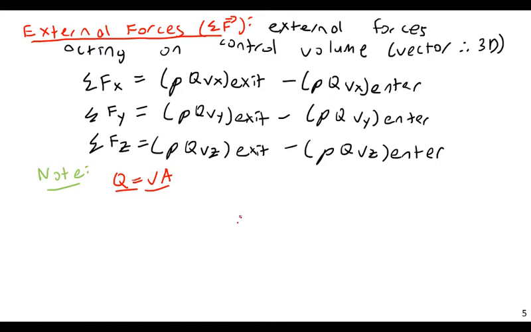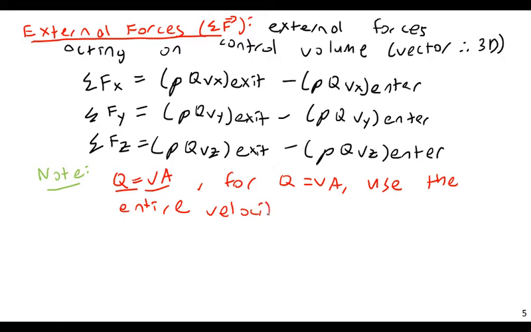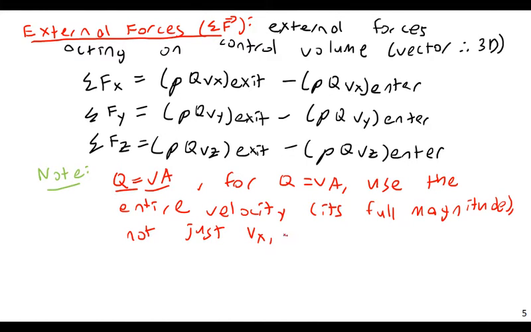And so, for this Q equals VA, use the entire velocity, or its full magnitude, not a component. Not just a single component, not just the vx, vy, vz component.